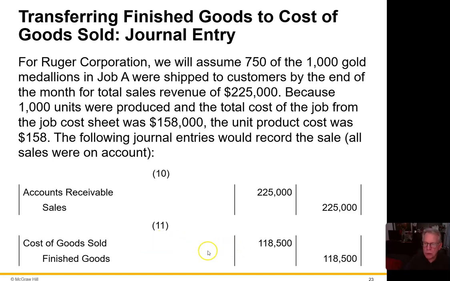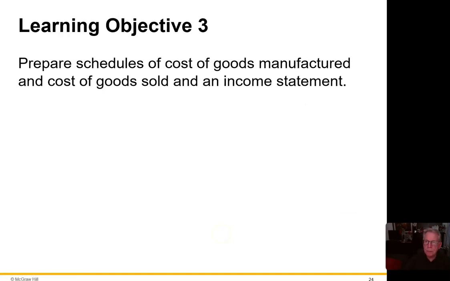And as you would know, hopefully, we could take the $158,000 here and multiply it by 750 divided by 1,000 to get this $118,500. Okay.